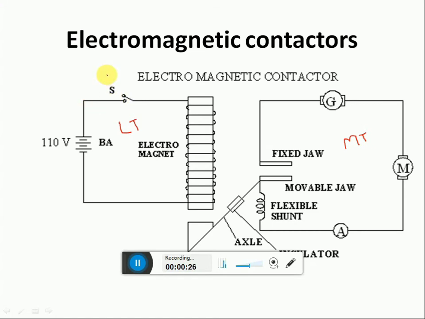Whenever we operate a switch in LT, the battery supply goes through a protection fuse, through the switch, and a coil will become electromagnetic.